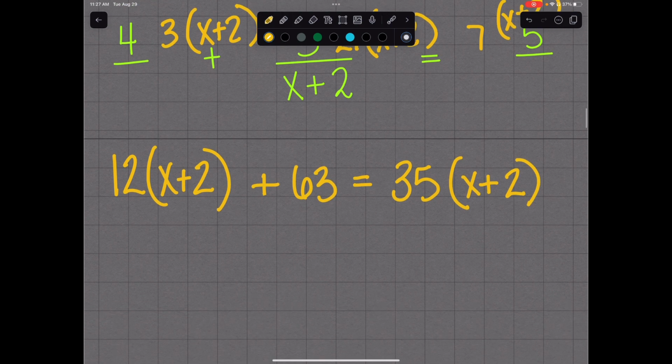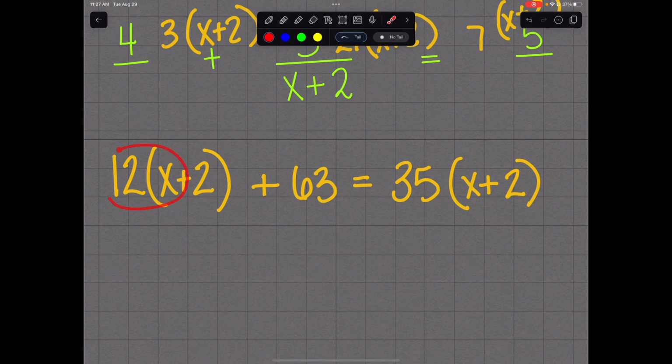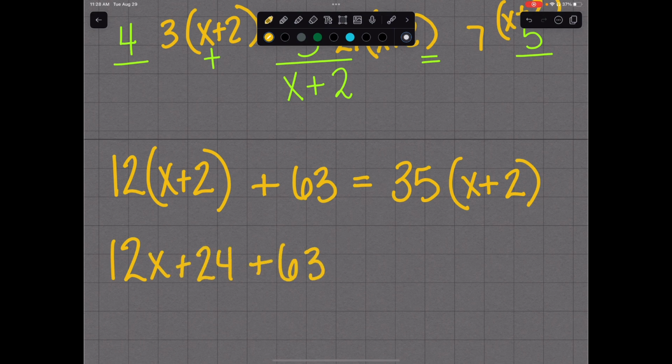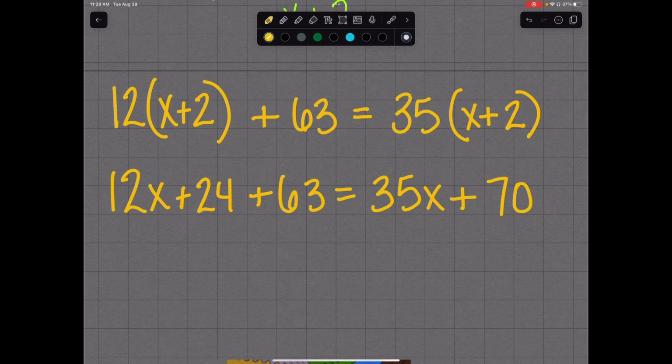Okay, and then we just do this the way you do your regular math problem. So just multiply this out, 12 times x and then 12 times 2. So 12x + 24 + 63 is equal to 35x + 70. Okay, and then we just add all of these numbers that we can.